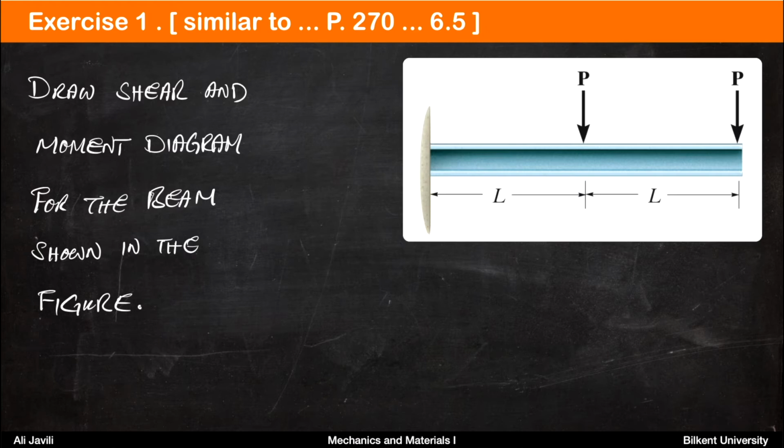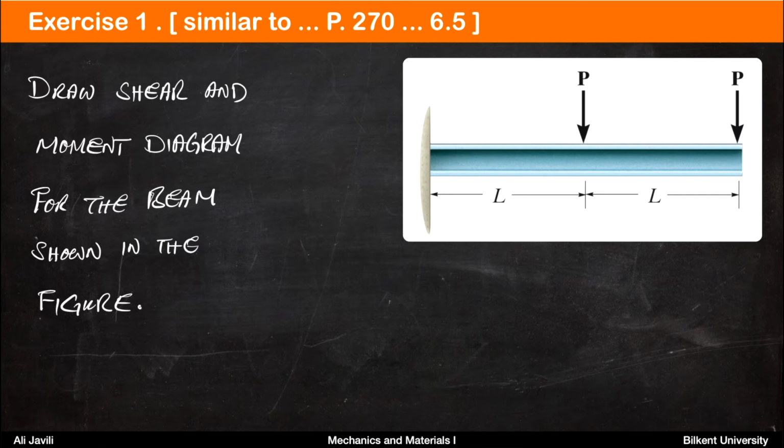Exercise 1 of this lecture is similar to problem 6.5 on page 270 of the book. Draw shear and moment diagram for the beam shown in the figure. As you can see, similar to the previous exercises and the remaining exercises in the current lecture, the question is always the same: draw shear and moment diagram. When you are asked to do that, you have two options.